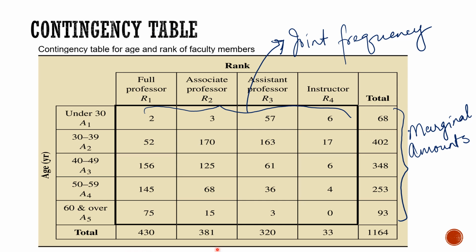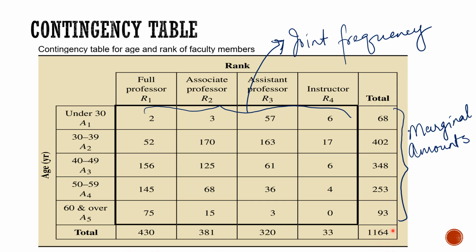And the total sample size is 1164. That's the sum of all the totals of the rows, and the sum of all the columns also adds up to 1164. Both the column totals as well as the totals along the last row should add up to the same value.